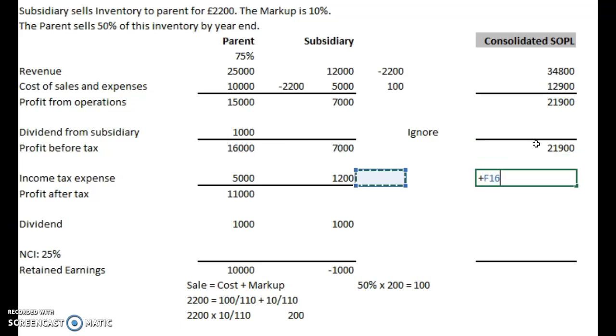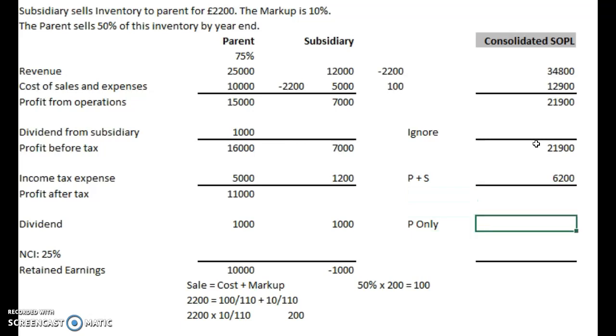The income tax expense is those two added together, P plus S. The dividend is the parent only, so it's funds going out of the business, out of the group. So that's 1,000. Now let's just ignore NCI for a moment.